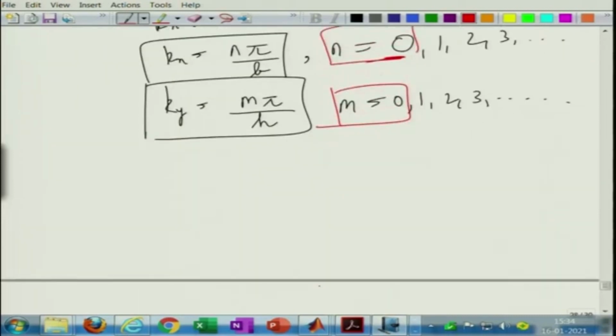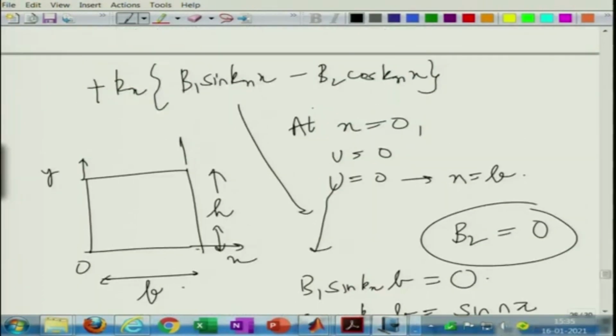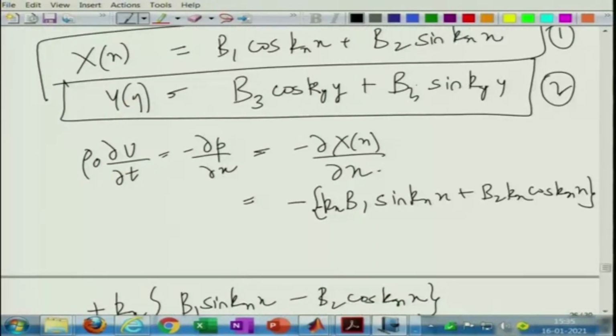Now, after having derived the wave numbers kx and ky, so these are the transverse wave numbers, or the wave numbers along the x and y directions respectively, and they signify higher order modes. So, let me just write down the x component of the solution. Remember b2, based on this condition, b2 was 0, and similarly we can also get that b4 is 0.